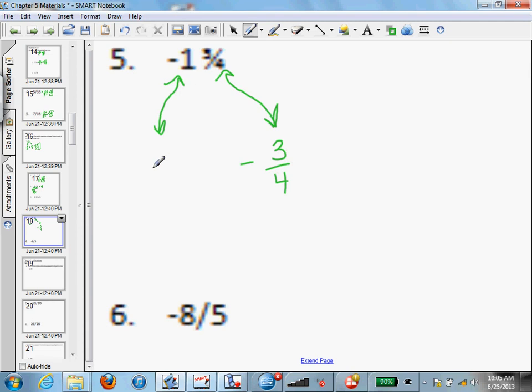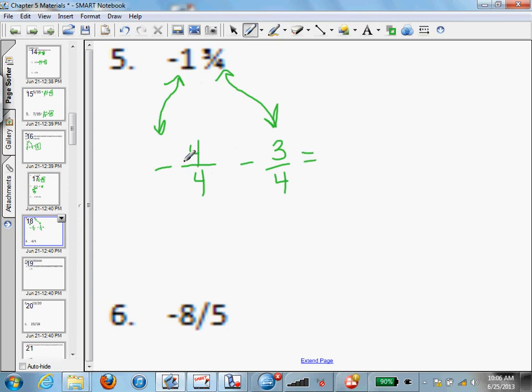And with this -1, we want to keep our negative in, and now we want to write 1 as a rational expression where we can add these together, leaving the denominator as 4. And so we can use our rules and say, what's 4 times 1? That's 4, and that's going to be our denominator.